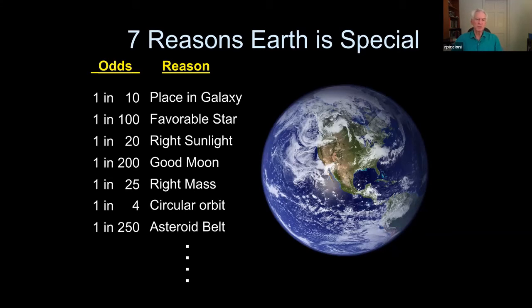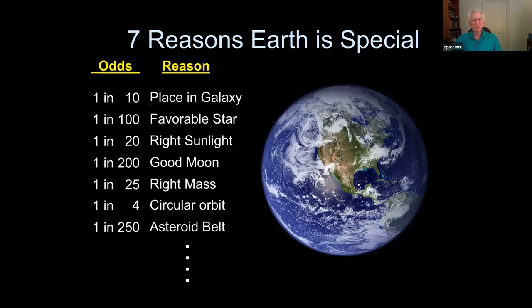But we do have these numbers, and we don't know exactly how to combine these. If they were all independent properties, and they seem to be independent. I mean, a planet having the right mass seems to be pretty much independent of where you started in the galaxy and what type of star you have and so forth.